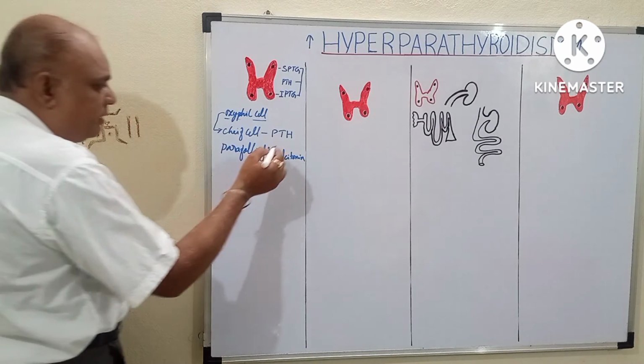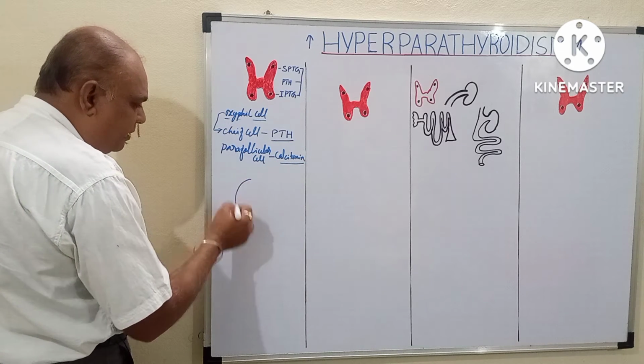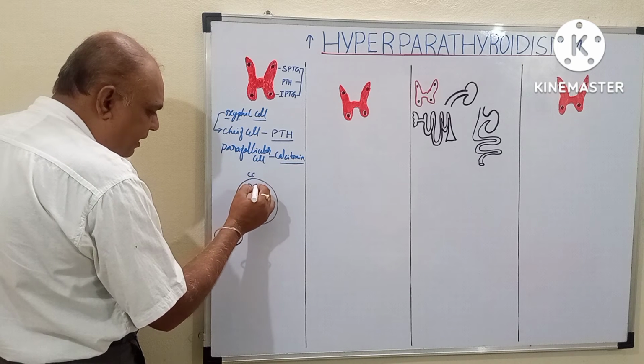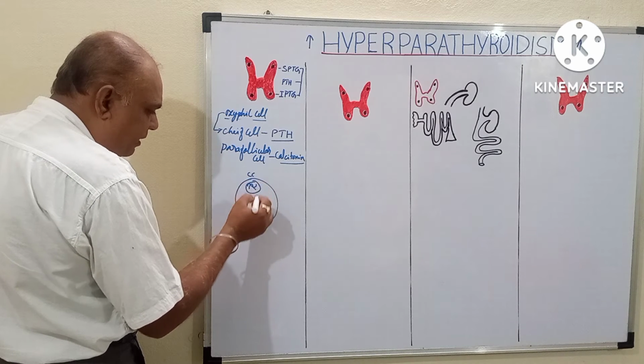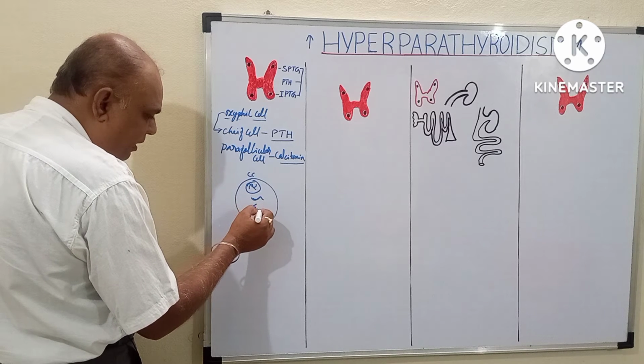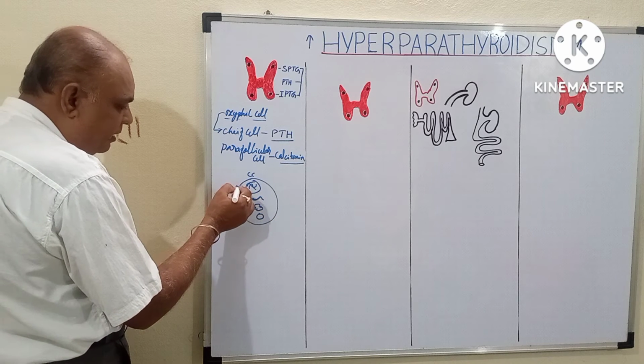Now let's see the secretion of parathyroid hormone and calcitonin. This is a rough diagram of a chief cell, with the DNA, the ribosome, the Golgi vesicle, and this is a receptor.